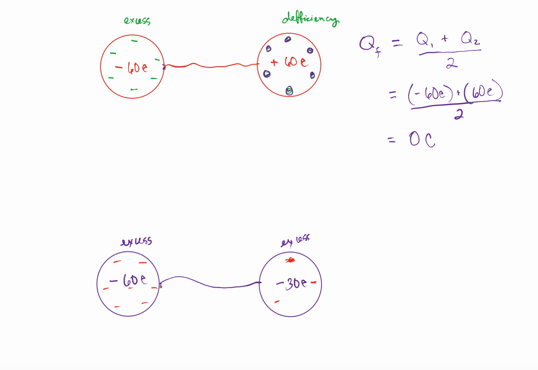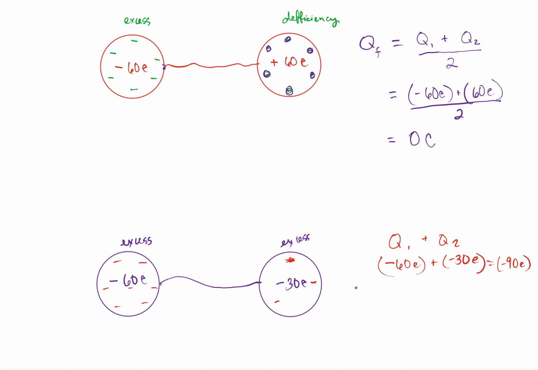If I add these two together, I have negative 60 plus negative 30, and it's clear that there are 90 excess electrons between the two in the entire system.